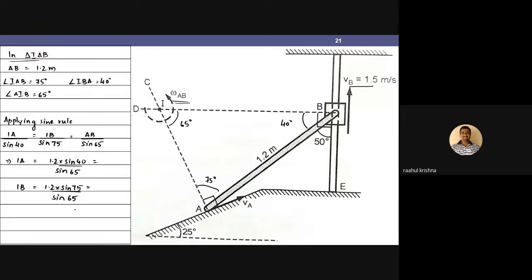Can you give me the values quickly? Yes, sir. IB equals 1.278.